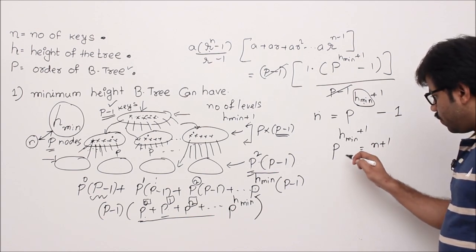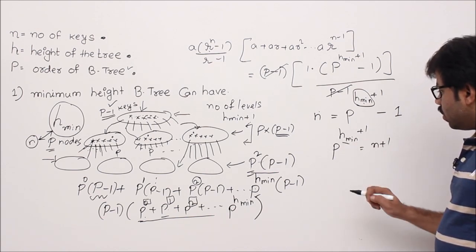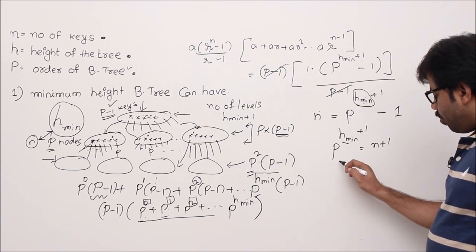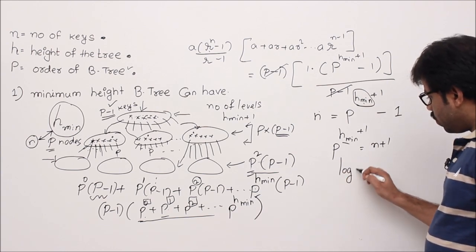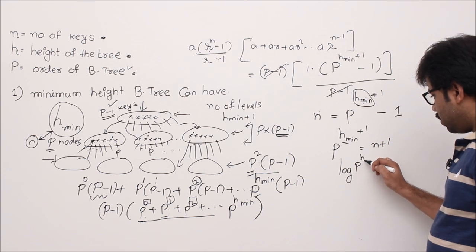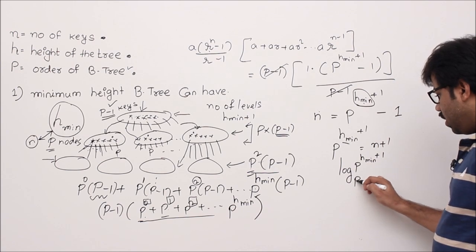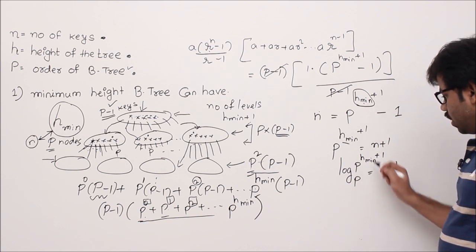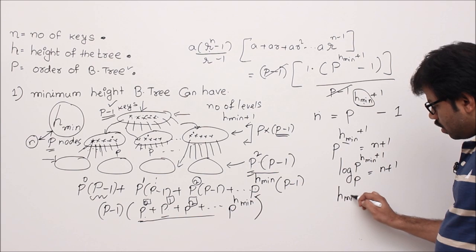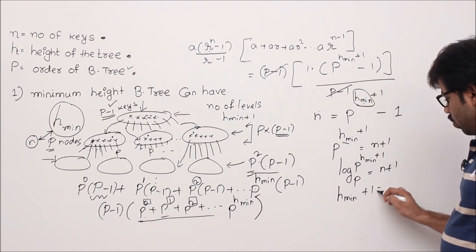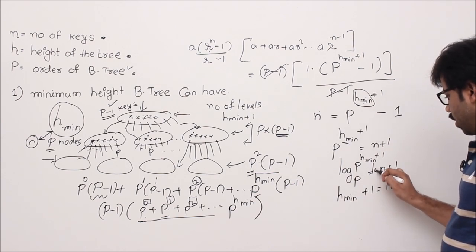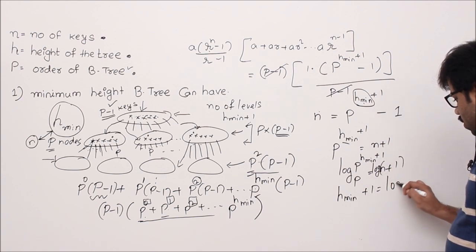And now we want h min, right? So let's apply logarithm this time. If I apply logarithm with respect to base p, p power h min plus 1 with base p equals n plus 1. So here h min plus 1 equals log n plus 1, base p.